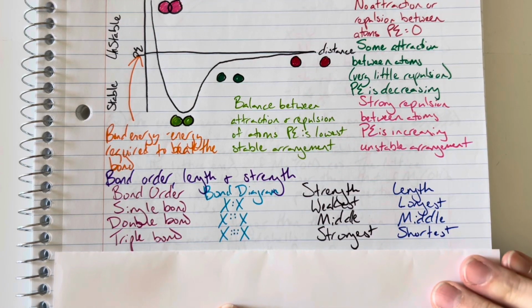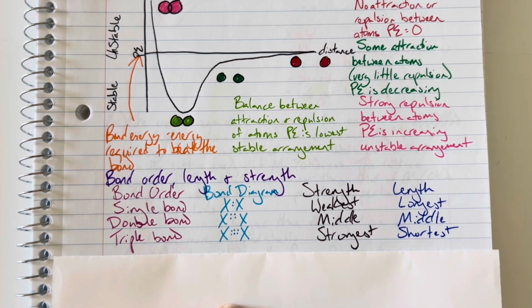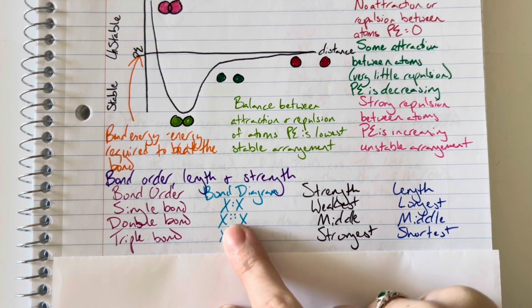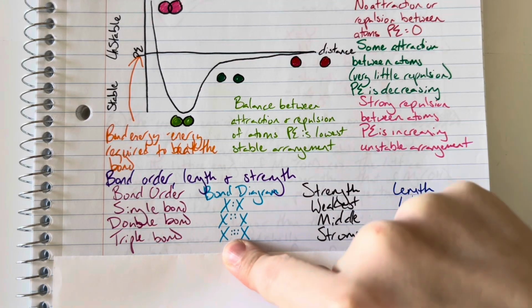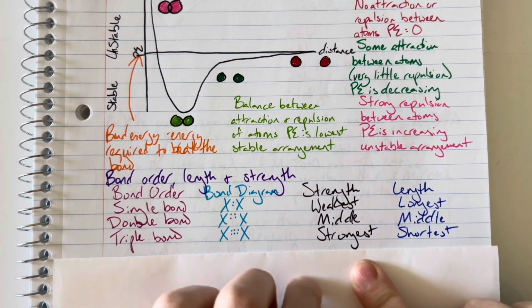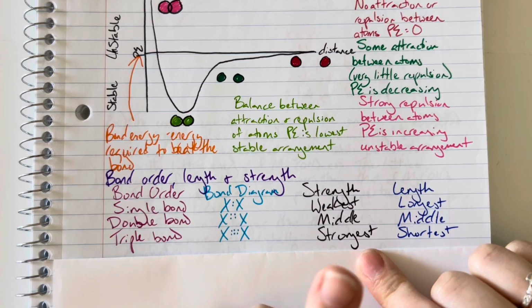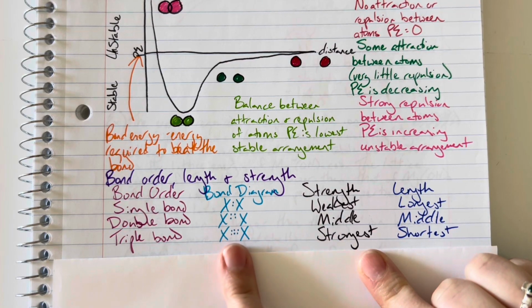Our shortest bond type is going to be that of the triple bond. And it is going to have 6 valence electrons shared between the two atoms. And it is going to be our strongest bond because we are sharing the most electrons here.